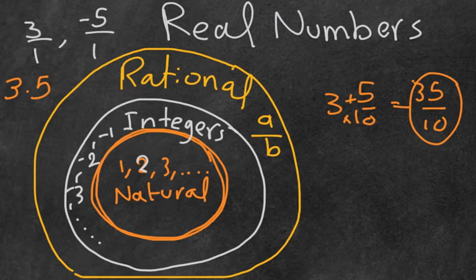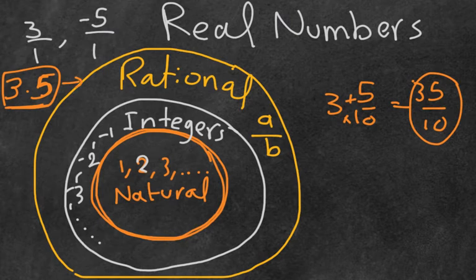So any natural, any integer, and any fraction or decimal, but that decimal should terminate. It terminates here, 3.5, so it's terminating, which means it's rational.